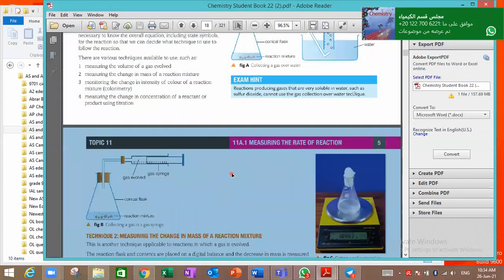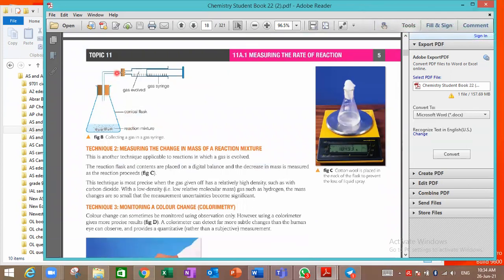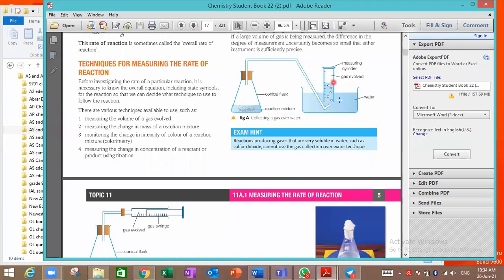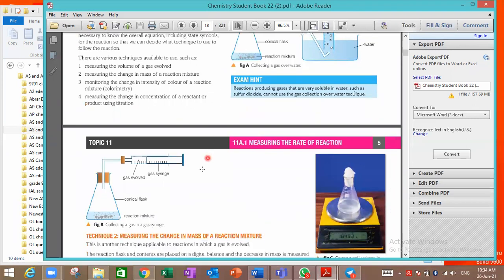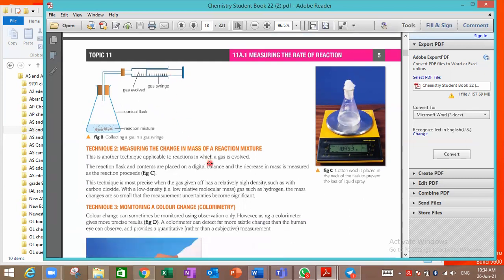Now, if we have a gas that is soluble in water, then we have to introduce a gas syringe instead of the trough of water and the inverted measuring cylinder. We are going to use a gas syringe in order to collect the volume of the gas produced. Of course, if the gas produced has a high density, then we can use this other technique.